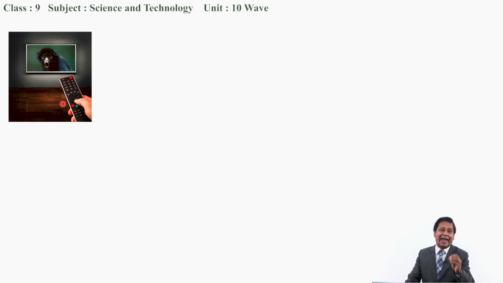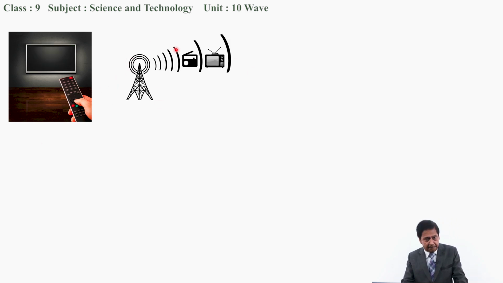The remote control and this TV set are connected by means of wave. Look at this, it is a tower, and this tower is continuously releasing radio waves and tele waves, which when we get in our television, then the television works, and this radio set can produce sound. This way, this is also related to wave.